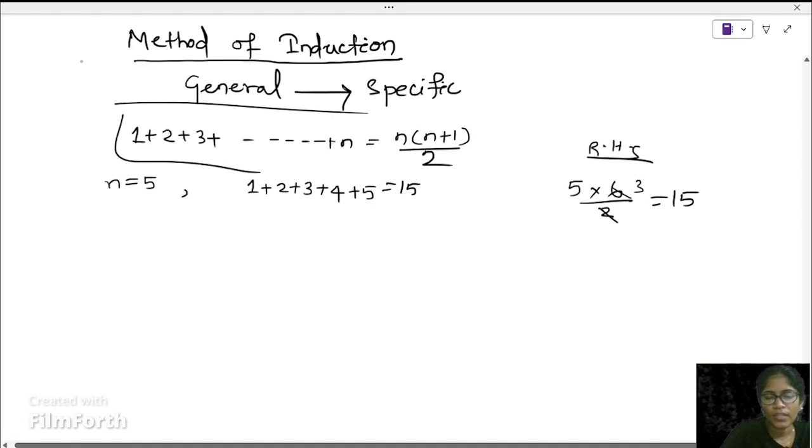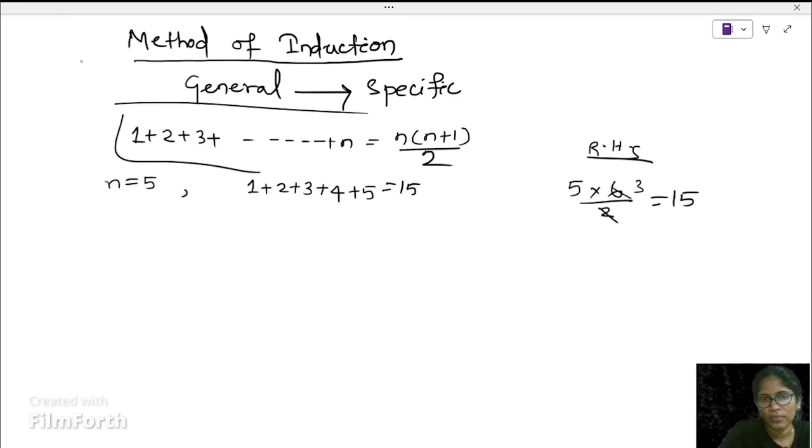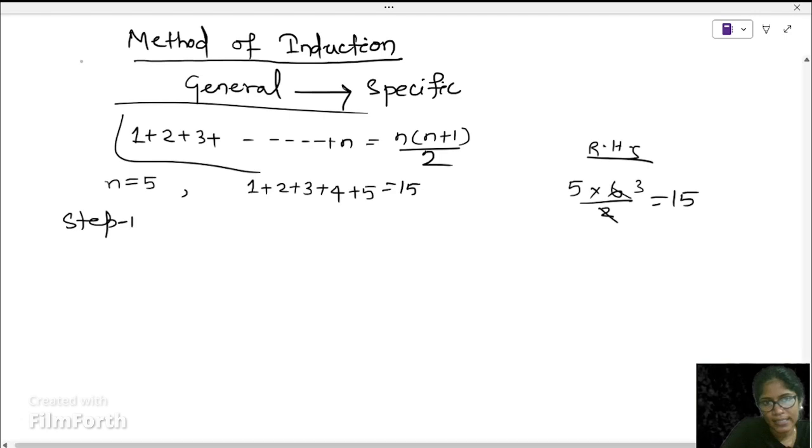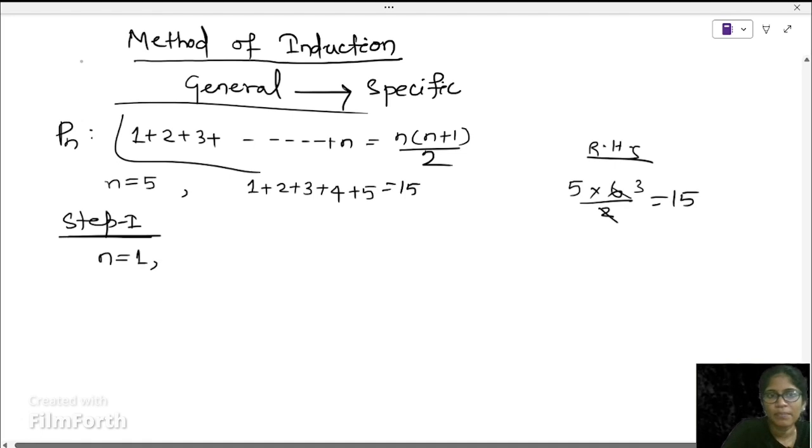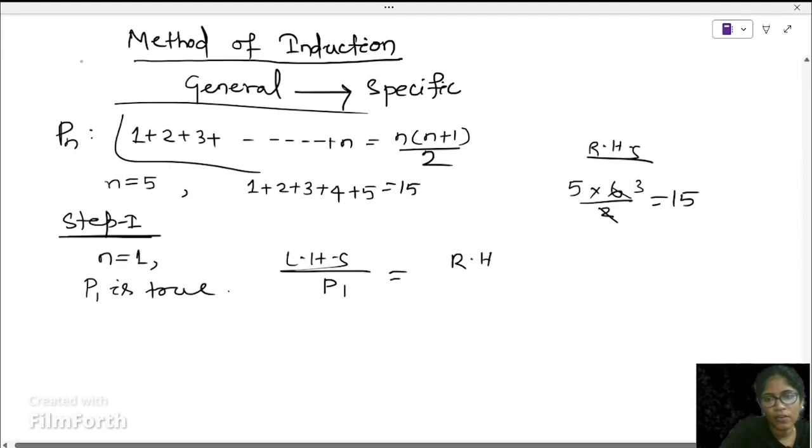There are 3 steps to solve or to prove the problem. Listen carefully. Step 1: we have to prove for n is equal to 1. Taking this as statement Pn, for n is equal to 1, P1 is true. P1 is true means the left hand side of P1 is equal to the right hand side of P1.